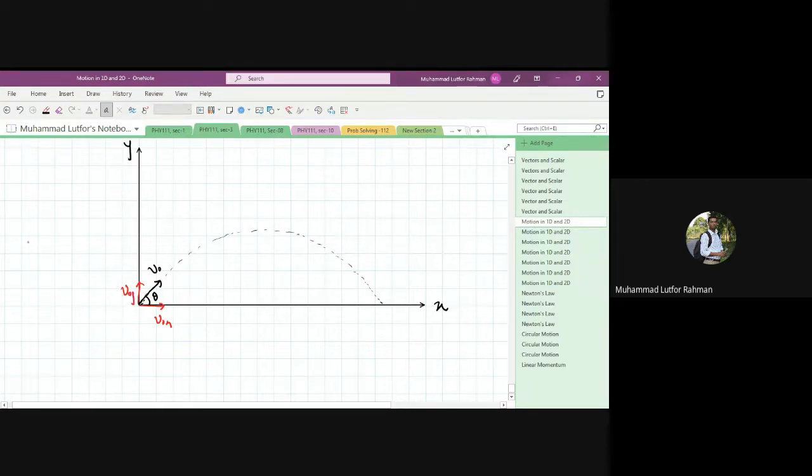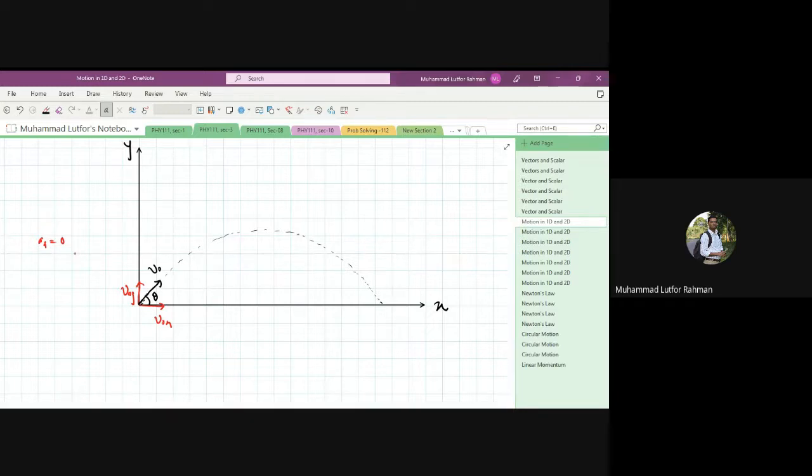Since I know there is no acceleration along the horizontal direction, I can say the particle will move at a constant velocity in the horizontal direction. Am I right? Try to understand my point. When you throw that particle, it has a two-dimensional motion. One is towards the x direction, another towards the y direction. But this particle has two different characteristics.